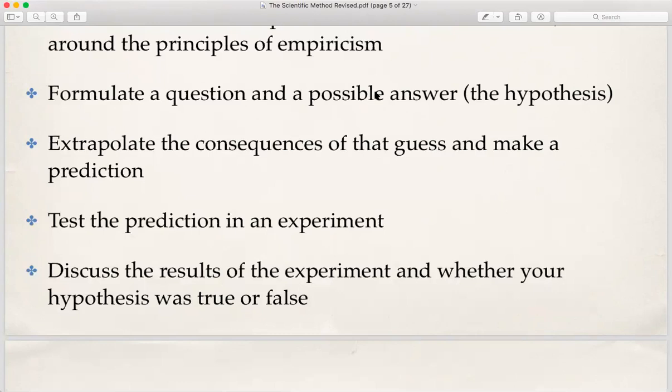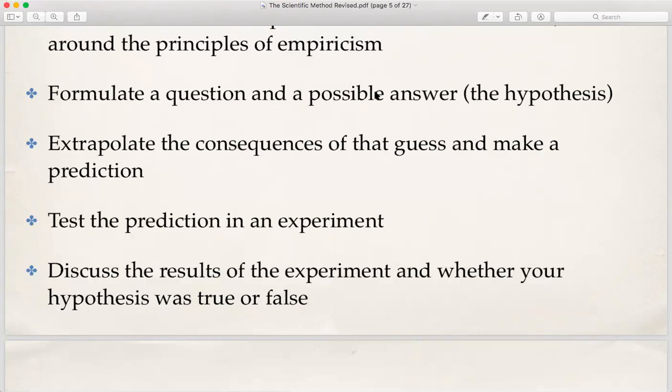And sometimes they struggle with it because they came up with a hypothesis that is overly broad or incredibly narrow, and they can't think of the consequences. So we're going to be going through some applications of this, and I hope you can understand this. But for now, you come up with a guess, you come up with the extrapolations of what that guess might entail, and then you test the prediction in an experiment.